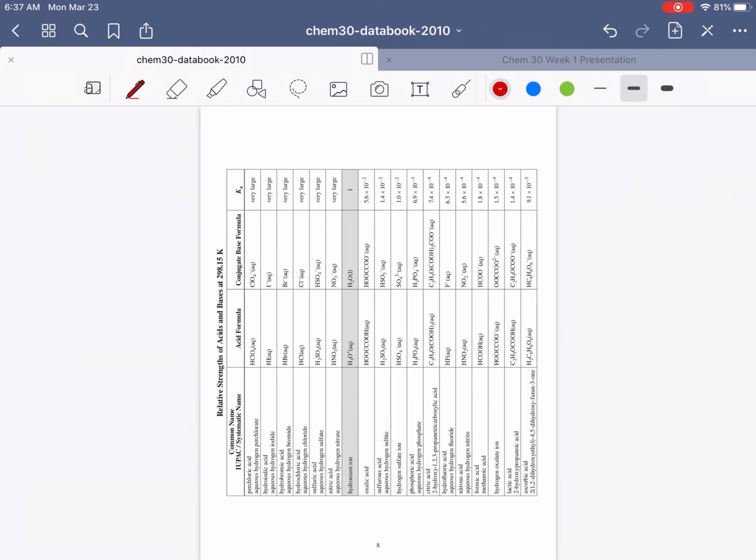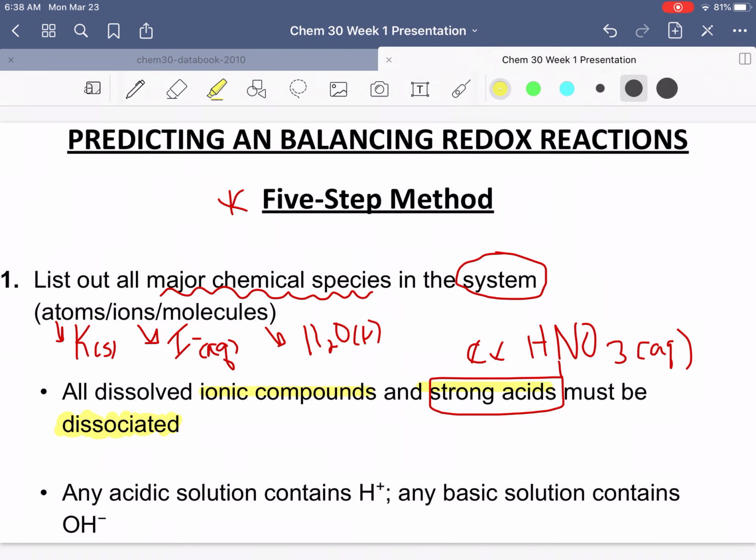If you forget what those strong acids are, have a look at your data booklet. This is page 8. And if you check out page 8, right in this section up here, these are all your strong acids, right? So they're listed there. If you're not sure if an acid is actually going to split up completely or not, well, that's where you go, okay?